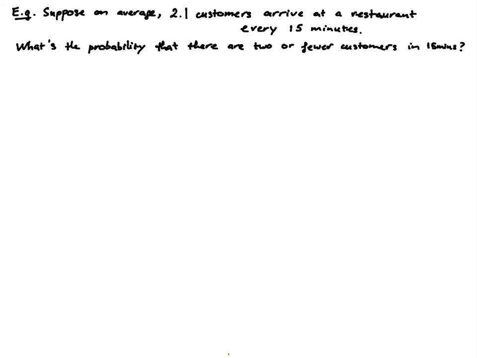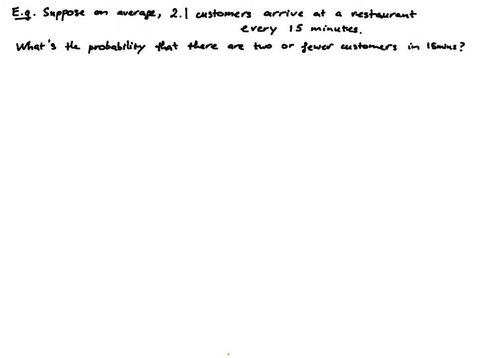Okay, so now let's look at an example. Suppose that on average, 2.1 customers arrive at a restaurant every 15 minutes. Let's first find the probability that there are 2 or fewer customers in 15 minutes.